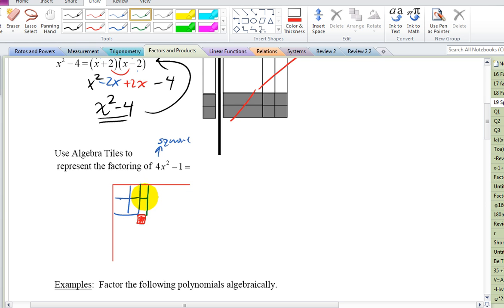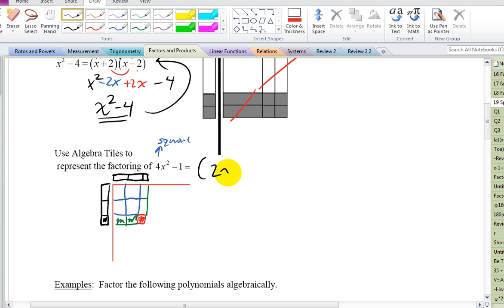One set of x's are positive, the other set of x's are negative. Okay, and so our factors up top then are 2x plus 1 and 2x minus 1. Let me shade it in.